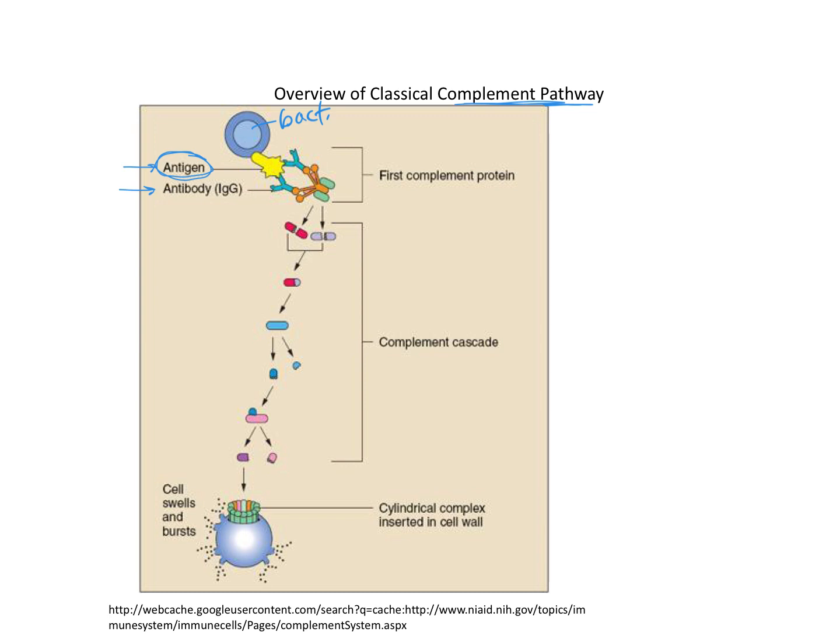And this first complement protein is actually a C1 complex. There's actually 3 different parts to that protein, but it binds to this antigen antibody complex, and that causes the splitting of other complement proteins.